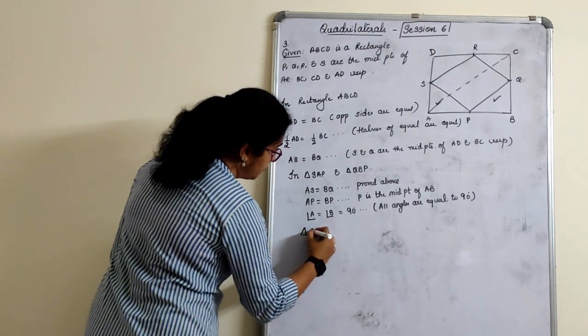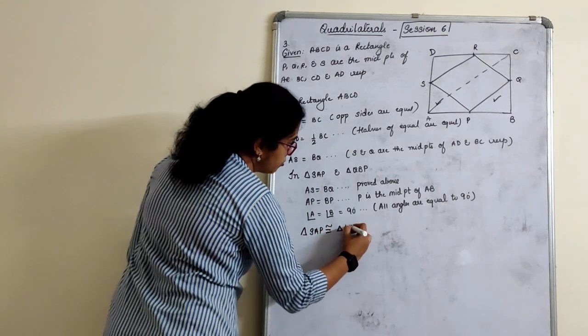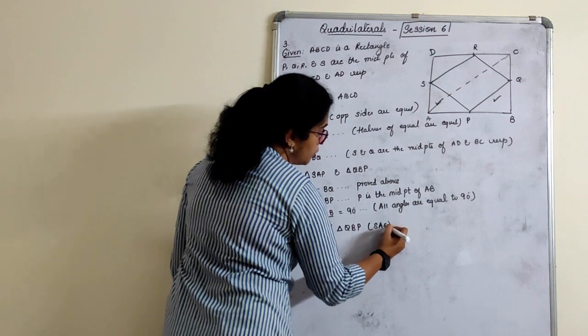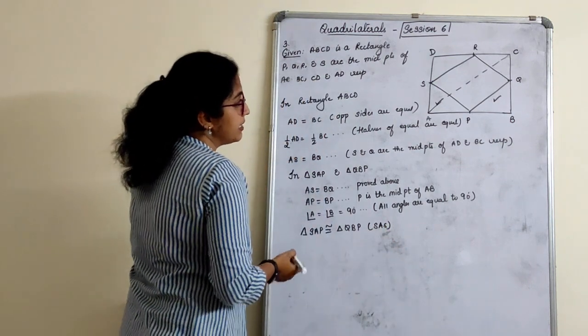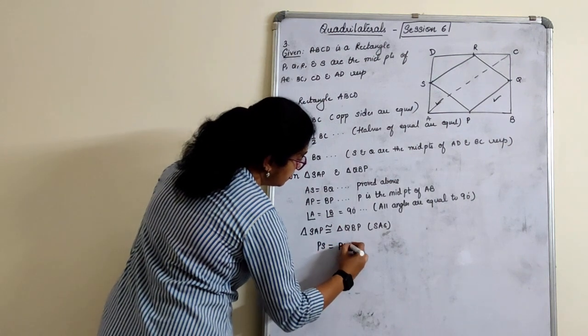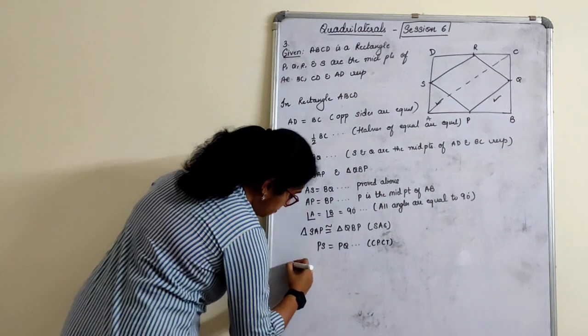Therefore, triangle SAP is congruent to triangle QBP by the SAS congruence rule. From this, I can tell PS is equal to PQ, by CPCT.